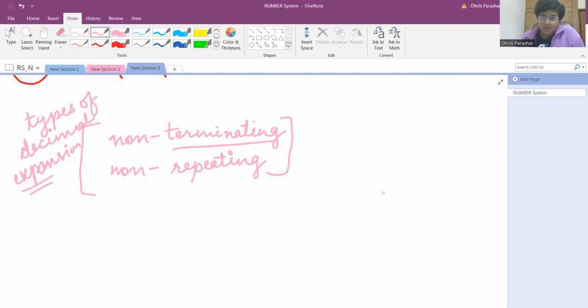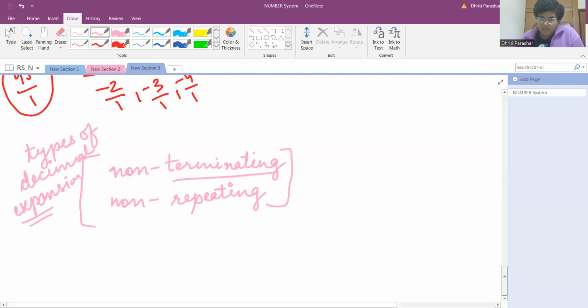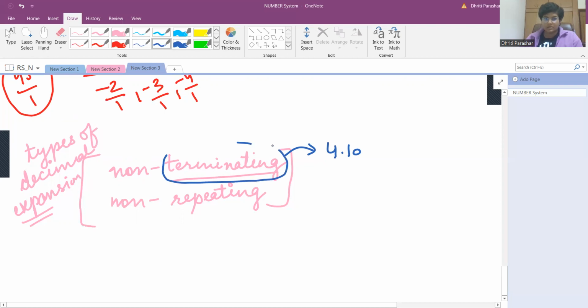So when I talk about terminating, for example, 4.10. That's it. It's 4.10. Done. Finished. It's ended. It's terminated. It is not going any further. This is terminating.